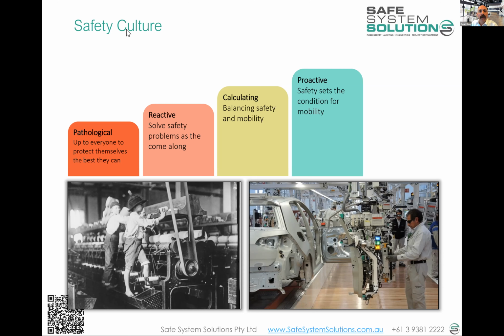So that's the proactive safety culture, which we're aspiring to on the road network. And I know you've already made the logical link into the transport and road network, and even some of the words I've used in there, mobility.